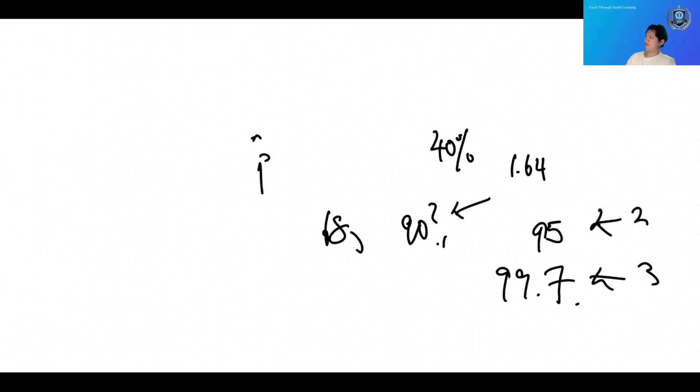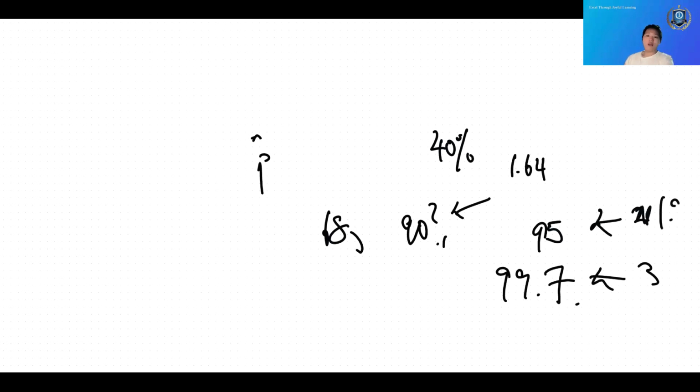Wait, is that right? It should be. But isn't 95 specifically 1.96? Yeah, 1.96, my bad.